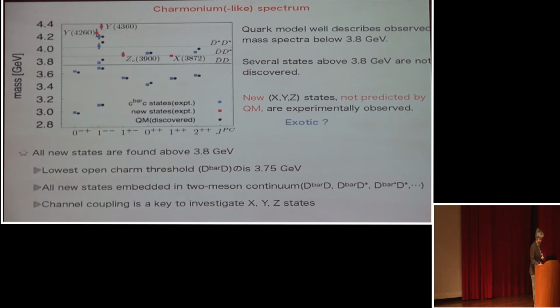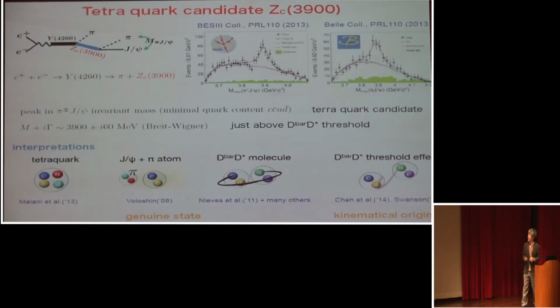So let's consider the tetraquark candidate Zc(3900). This is observed in the decay of Y. It's another exotic candidate. It is produced in e plus e minus collisions, decaying to pi and this Zc(3900), and this state decays to pi and J/psi.